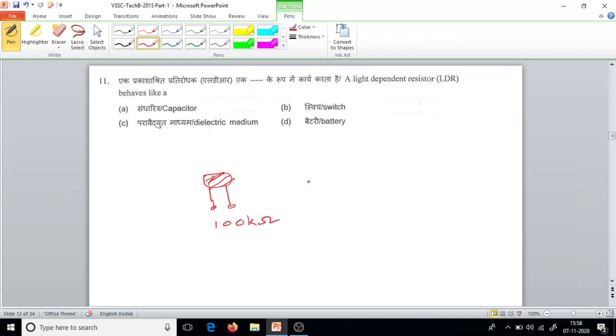When light falls on it, suddenly it goes to 1 kilo ohm. When light falls on it, suddenly the resistance drops. That is, it acts like a switch. If it is a high quality one, it may go to 100 ohm. So from 1 meg to 100 ohm.